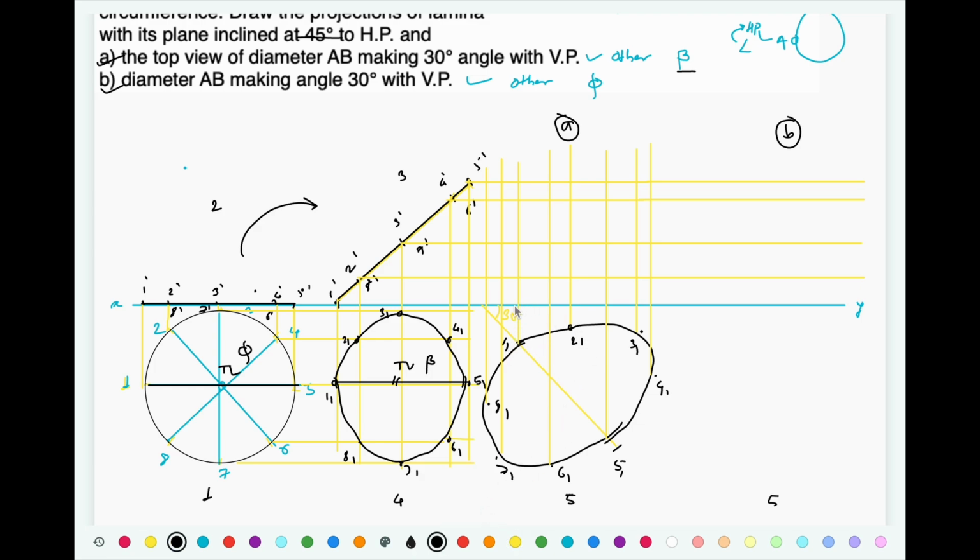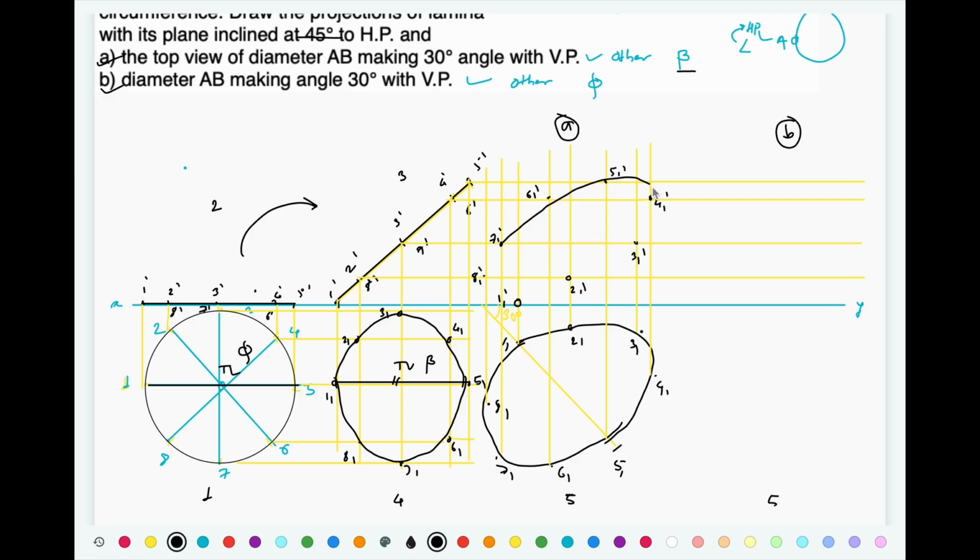Okay, so this is going to be 1 1 dash, this is 2 1 dash, this is 3 1 dash, this is 4 1 dash, this is 5 1 dash, this is 6 1 dash, this is 7 1 dash, and this is 8 1 dash.